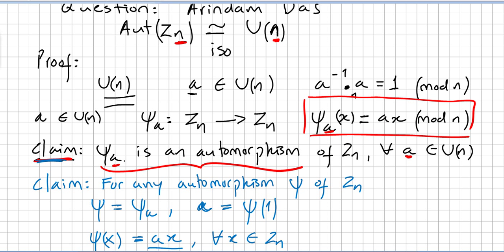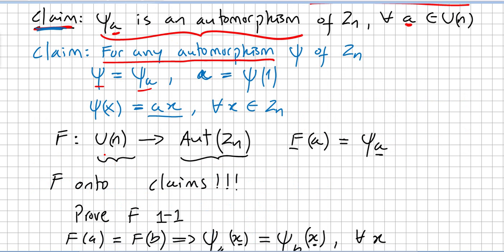Then we jumped into a second claim. We said for any automorphism psi of Zn, this automorphism will be equal to this one, right? It will be equal to psi of a. And we proved this claim. So we proved that all automorphisms are equal to this automorphism.